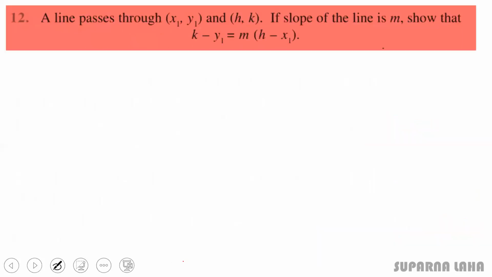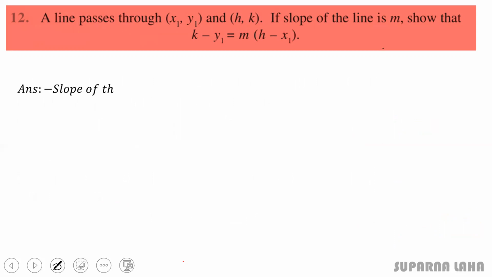Moving to the next question, question number 12. A line passes through the points x1, y1 and h, k. If the slope of the line is m, then show that k minus y1 equals m into h minus x1. Now this is very easy. I don't think I need to explain it. Since the slope is given and the line is passing through two points, you know the formula: the slope of the line passing through two points x1, y1 and x2, y2.